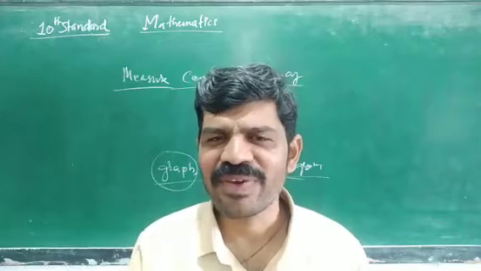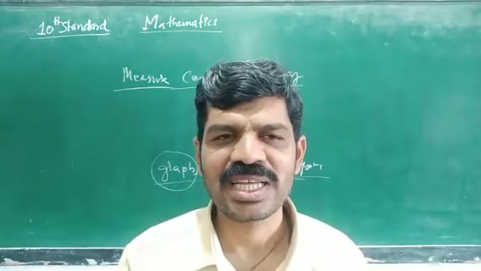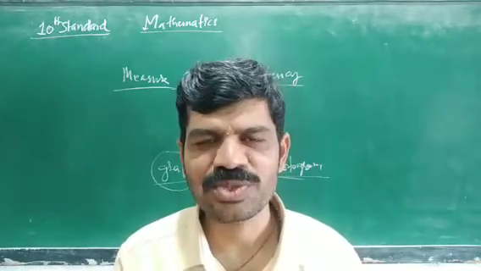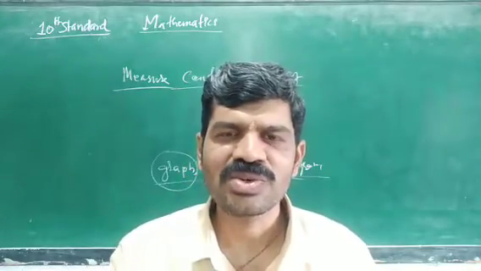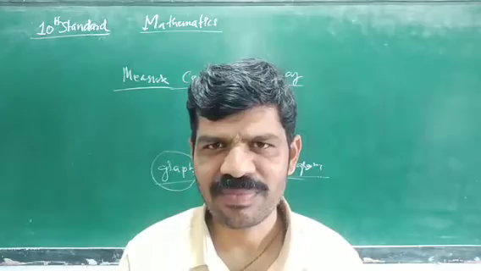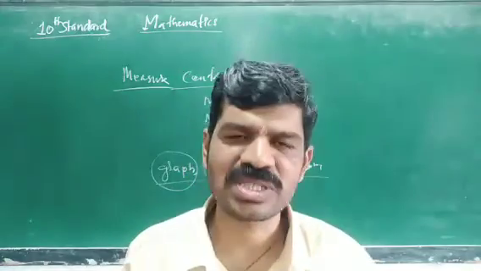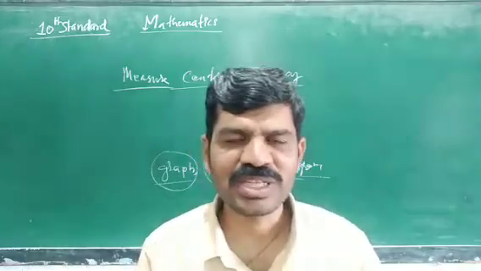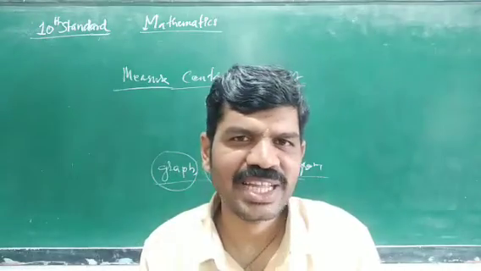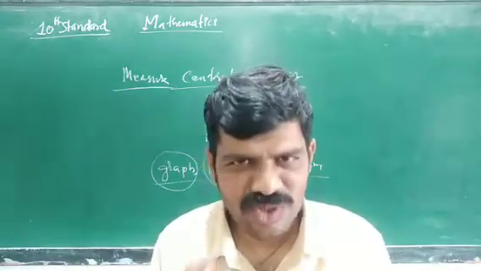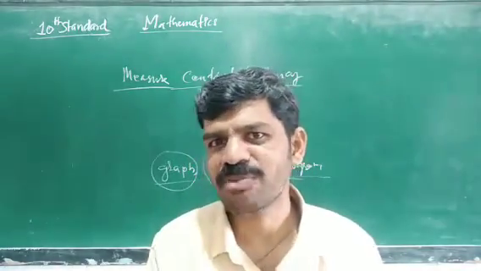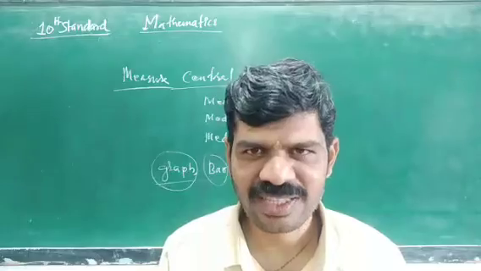Statistics is there everywhere. See, in a classroom, if there are 50 students, they write the exam. Out of 100 they score different marks. If they obtain above 60, they are called first class students, and if they are 50 and below 60, then they are second class students.